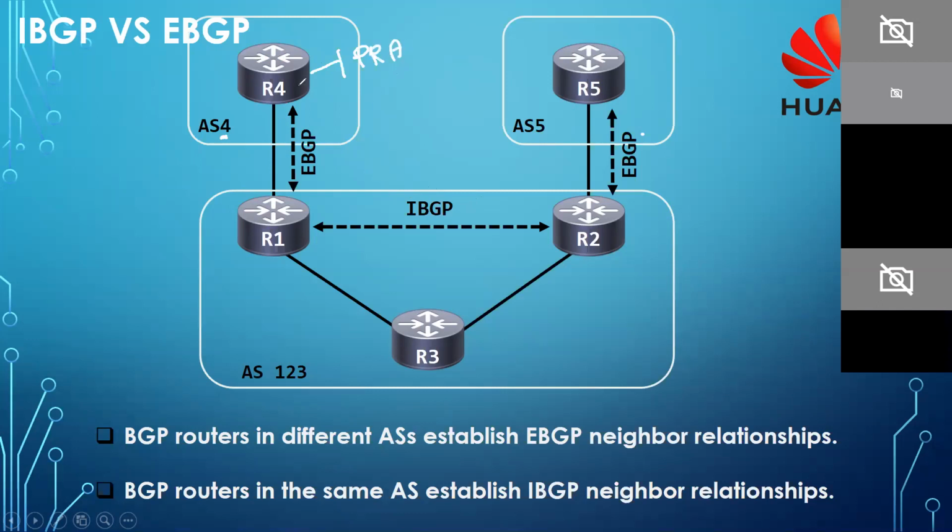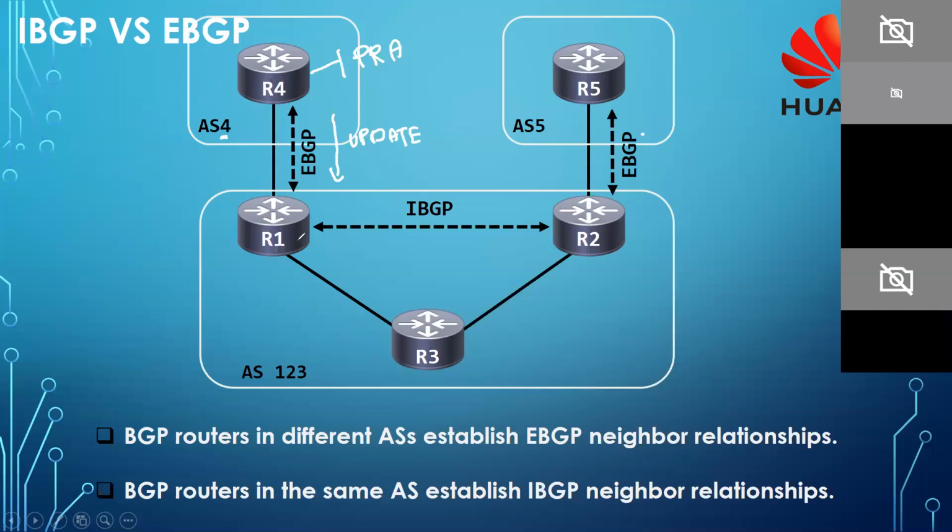When R4 advertises prefix A, it will send it in an update message to R1. So R1 now learns prefix A via BGP. So how will R1 send this update to R5? Here we have two solutions.